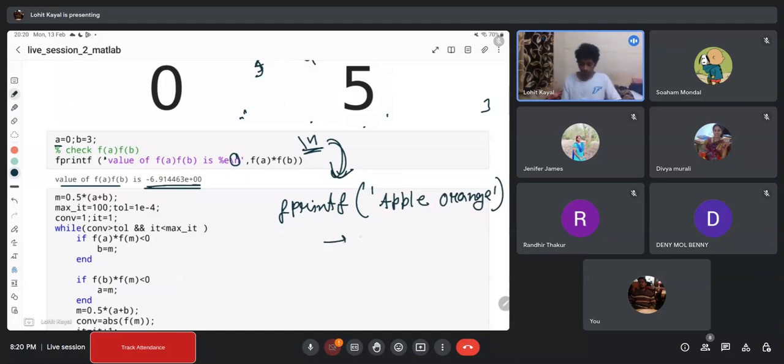If you just do this, it will show apple then orange. Now if you put a slash n, the orange will appear on the new line. So this is the meaning of slash n.